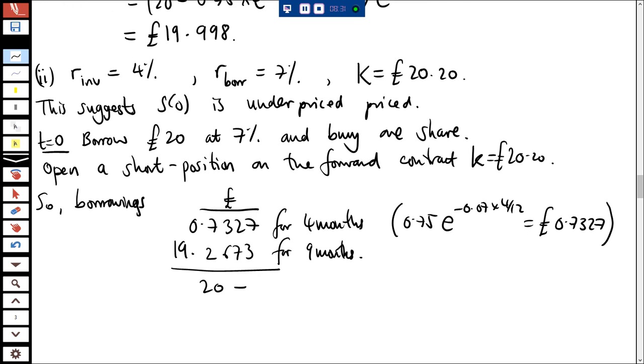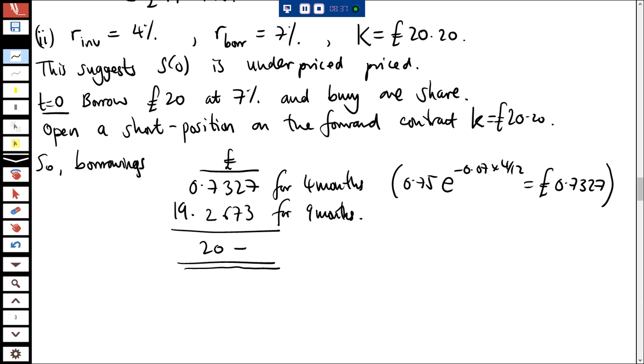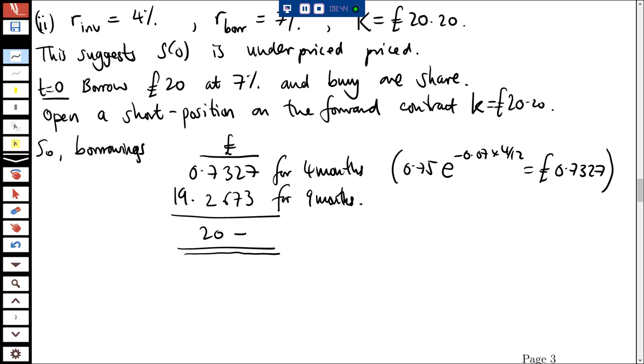Okay, so that is the way we're going to structure our borrowings, the £20. It's going to be split to incorporate the dividend. Okay, so it'll all become clear when we look at T equals 4 months.